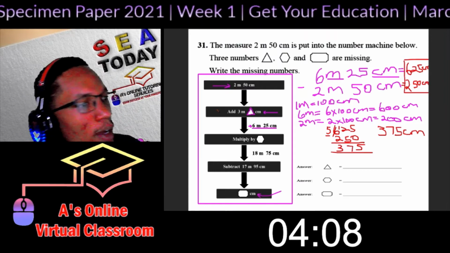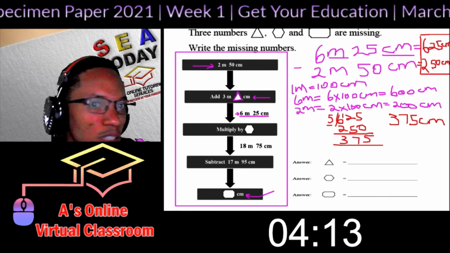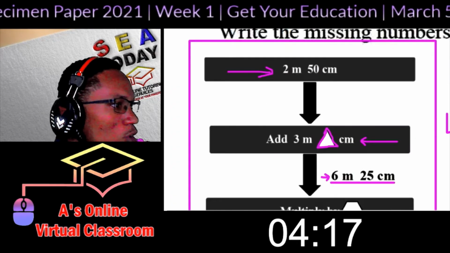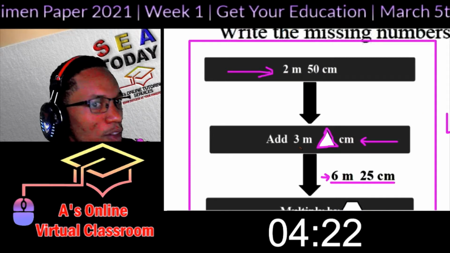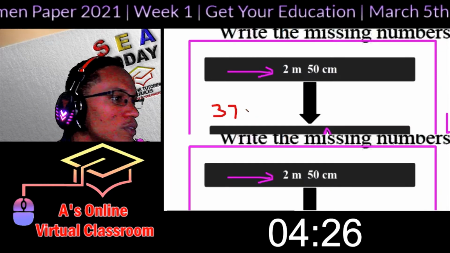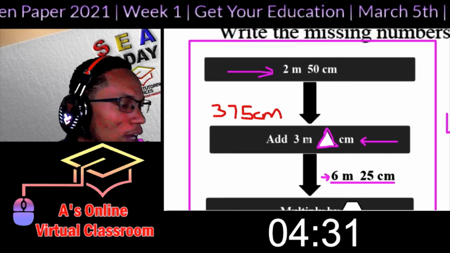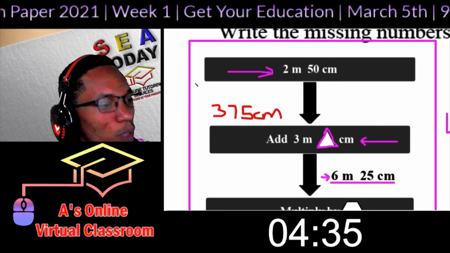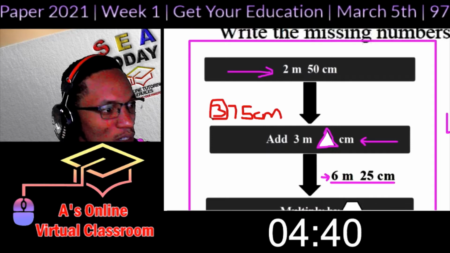So here in the number machine, we need to put that 375 in. But if you look here properly, they already have 3 meters. We have 375 centimeters to go in, and they already have 3 meters. So that 3 meters would be the 300 centimeters, right?